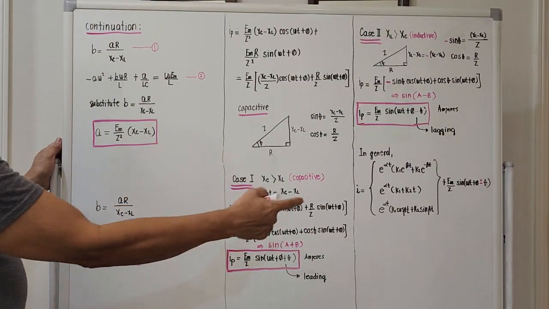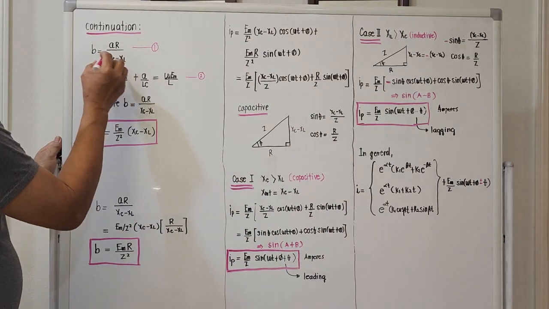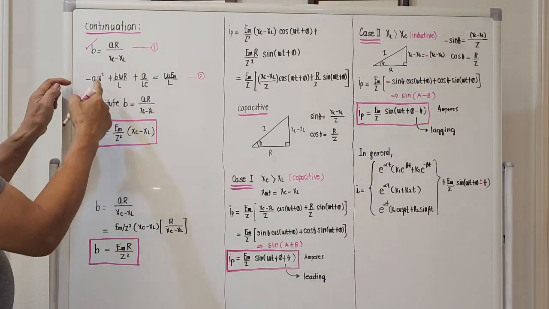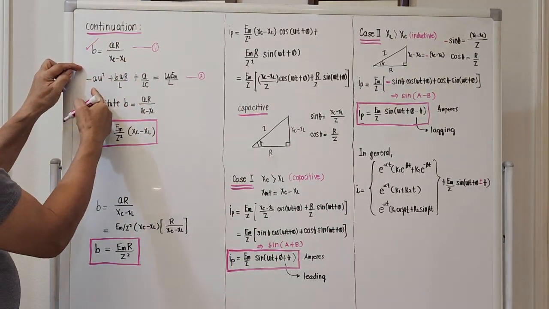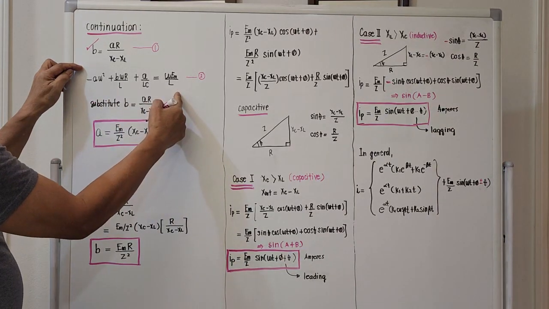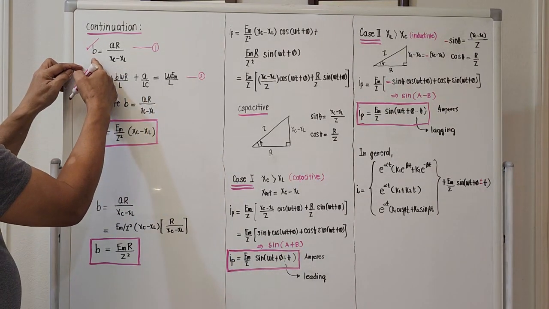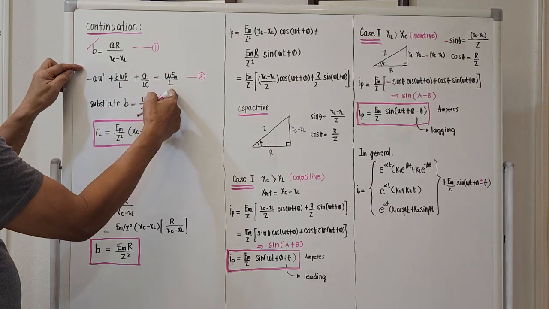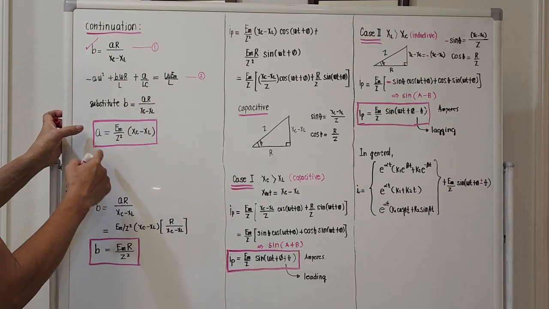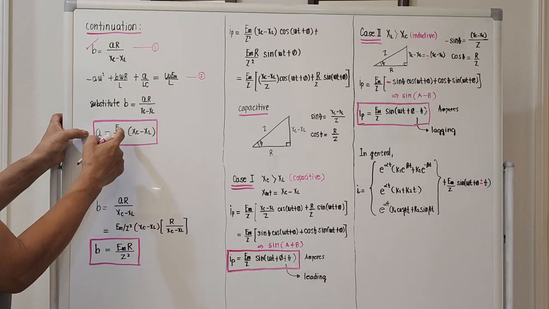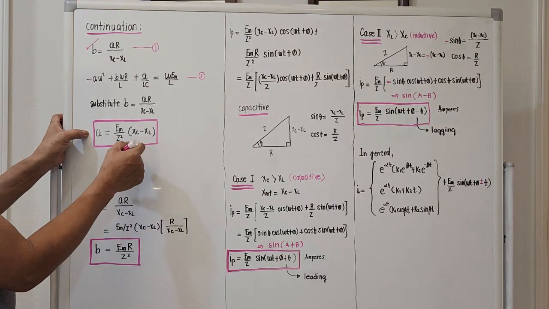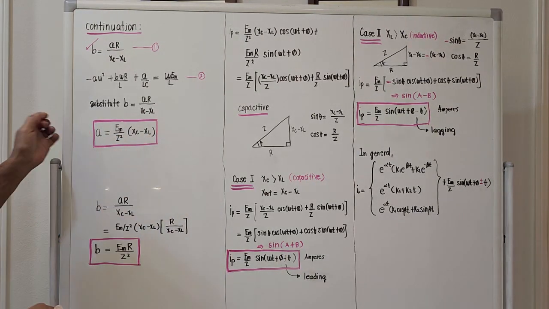If we try to simplify B from the previous board, this is B. And from the cosine function, this is the equation, right? If we substitute B to be this back here, what will come out for A will be E_m over Z squared times the difference X_C minus X_L.